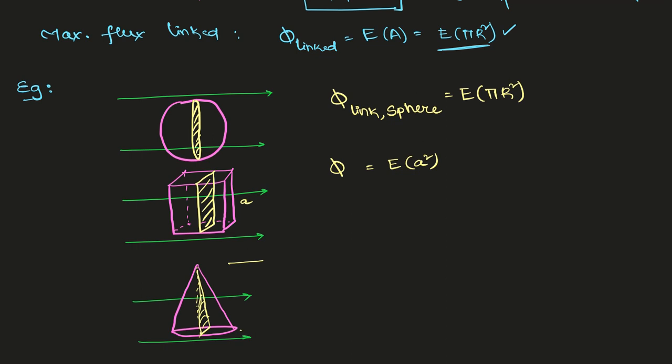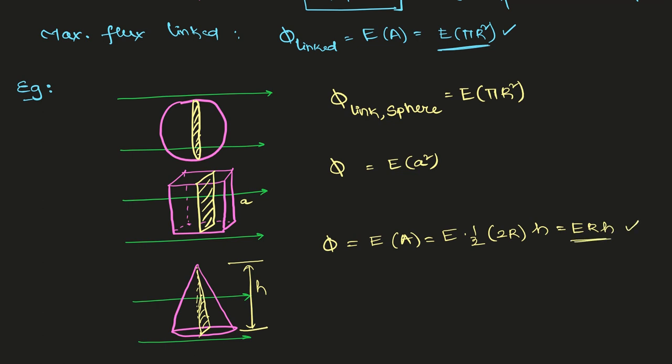The cone height is h, and if the base radius is r, its diameter will be 2r, so flux will be equal to E into area. That area, as it is a triangle, is half base into height, which is E into r into h.